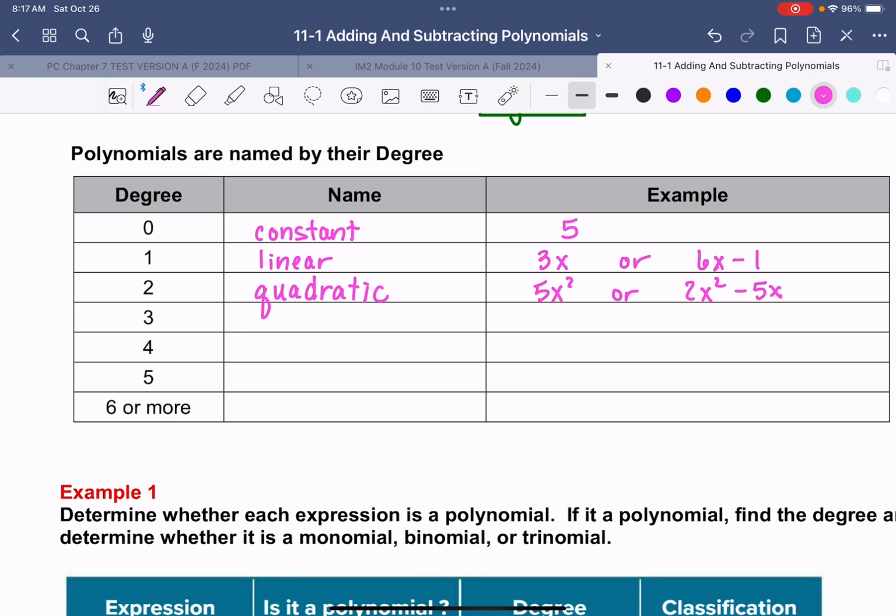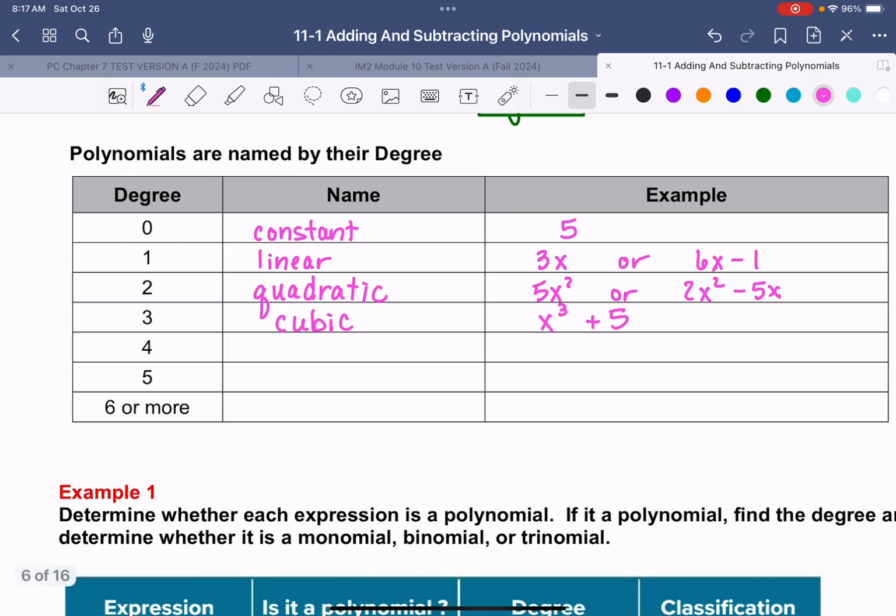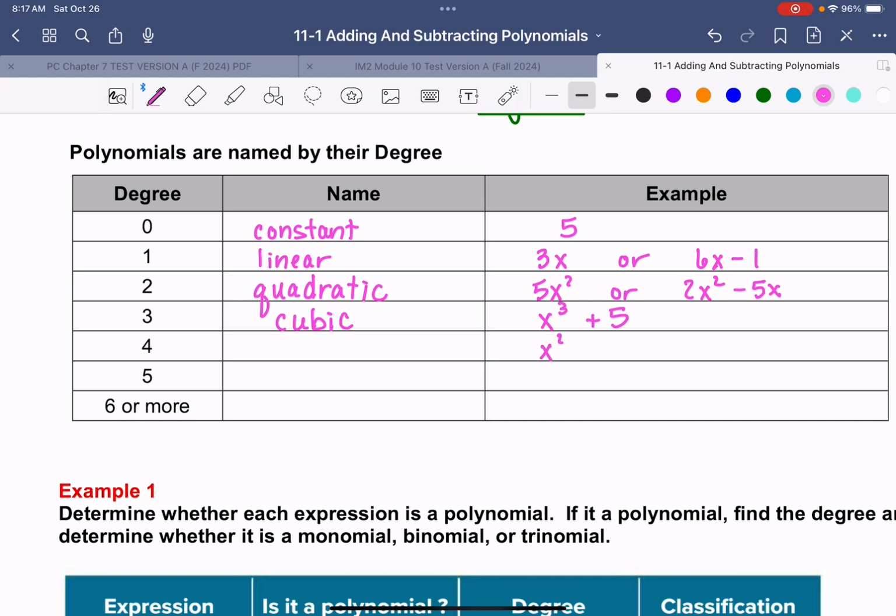All right, anything to the third power, something like x cubed plus 5. This is going to be called a cubic polynomial. Okay, a fourth degree. I'm getting tired of writing examples, so anything to the fourth degree is called a quartic.